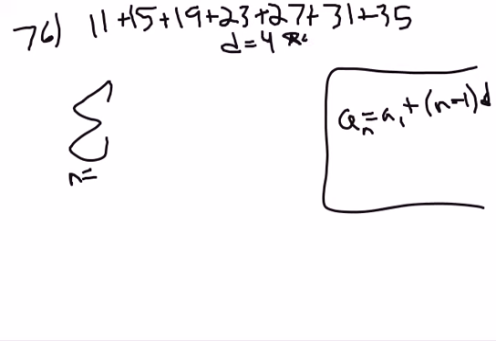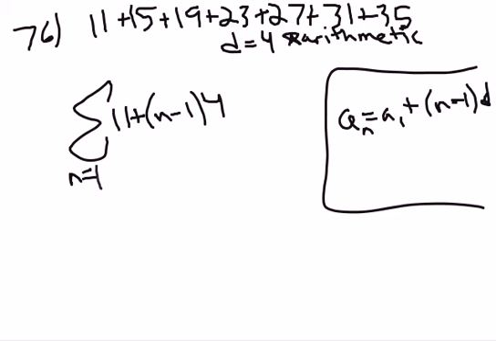So this is arithmetic, because I'm adding 4. So if I plug this in, I have a1 is 11 plus n minus 1 times 4. And I'll start at 1.